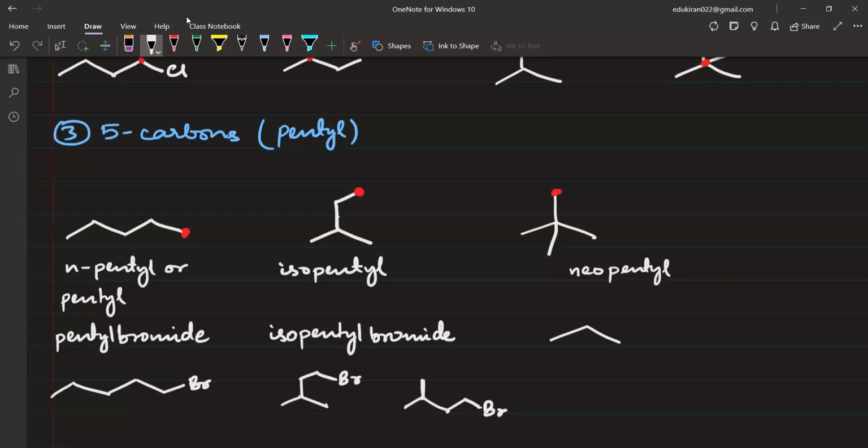For example, if you have something like this, 1, 2, 3, 4, 5, and this carbon is having Br, so this will be neopentyl bromide. Please write this down. Let me know once you're done.